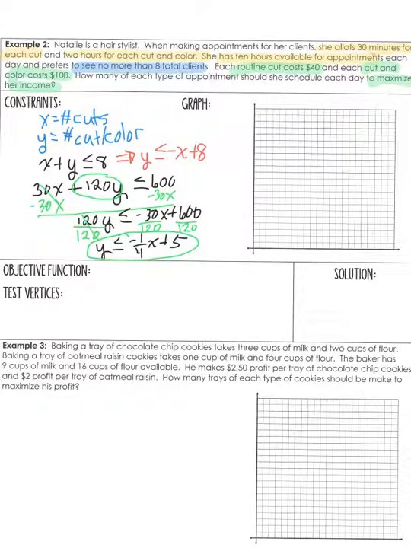My x-axis is number of cuts, and my y-axis is number of cut and colors. Okay. So for the red line, I'm going to start at 8. And then my slope is negative 1, so down 1 to the right 1.